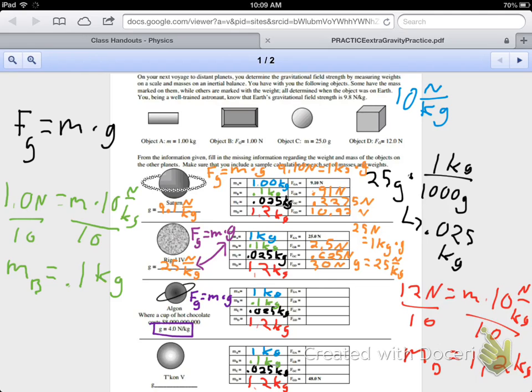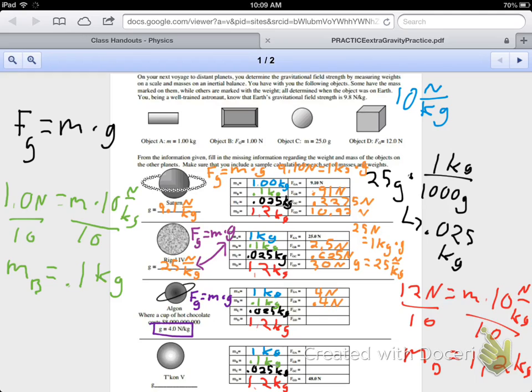So when we multiply 1 kilogram by 4 newtons per kilogram, we get a force of 4 newtons. Multiply 0.1 kilograms by 4 newtons per kilogram, we get 0.4 newtons.